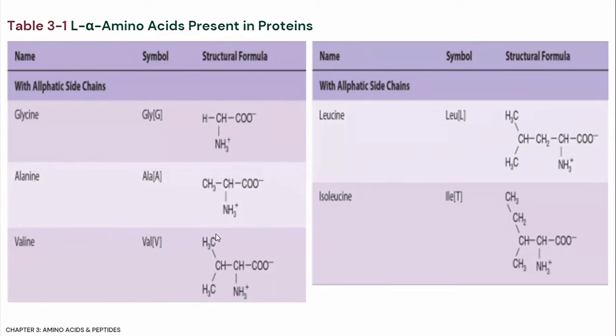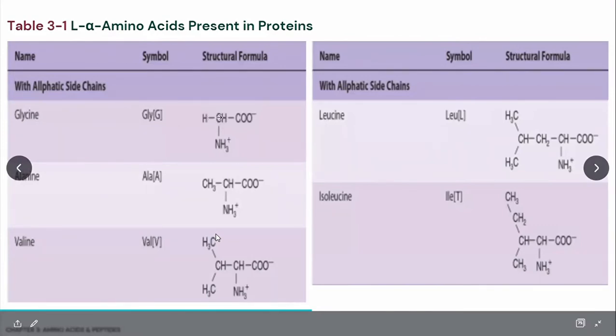Chiral carbon. Yeah, all right. That's correct. Now, so your glycine, because these two are the same, hydrogen, this is the only amino acid in which you do not have a chiral carbon. In all the other amino acids, the alpha carbon is chiral.